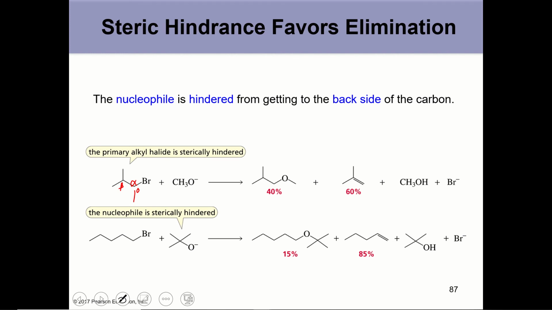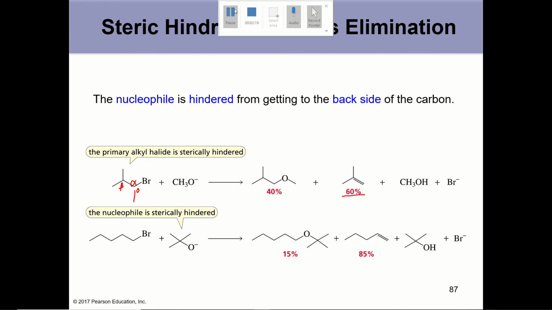And so in that case, the major product is the elimination product at 60%, and the minor product is the SN2 substitution product at 40%. And that occurs because of steric hindrance of the primary carbon of the alkyl halide.